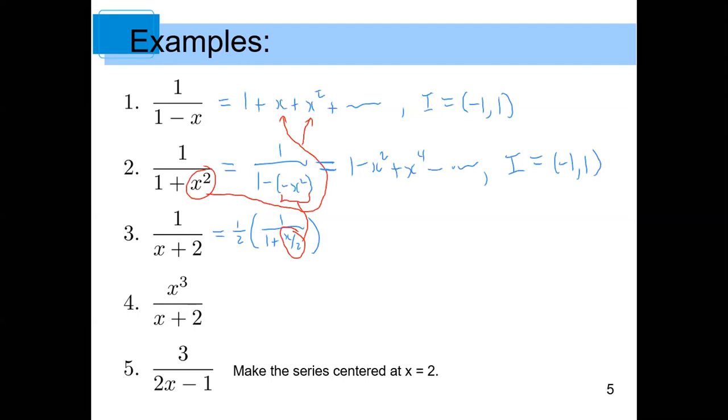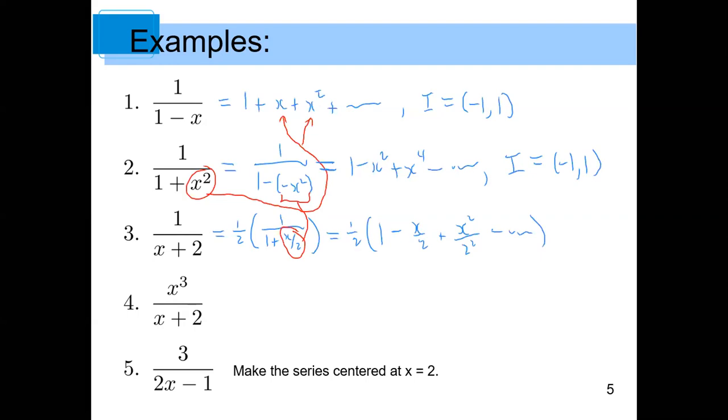So when we did that, we ended up with this power series. It was 1/2 times 1 minus x over 2 plus x squared over 2 squared, minus, etc. Okay, and if you wanted to distribute that 1/2, you could also do that, yes?